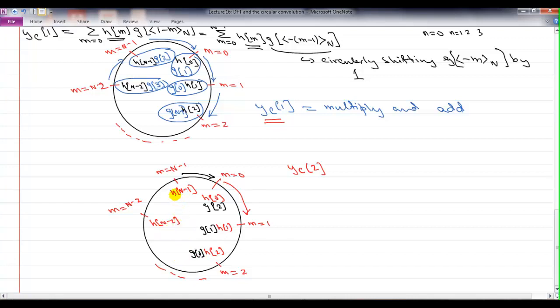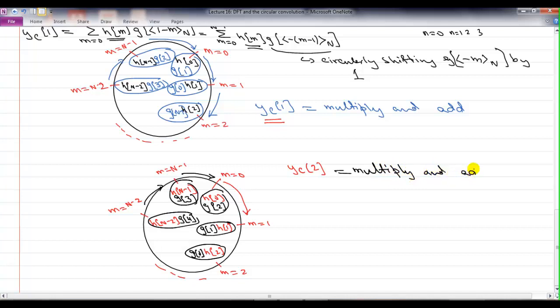At m equal to n minus 1, we get g of 3 because that was previously at m equal to n minus 2, and similarly we get g of 4 at m equal to n minus 2. Now for calculating yc of 2, we simply multiply these numbers in this circular diagram and we add them all up. So we do the same process of multiply and add for calculating yc2.